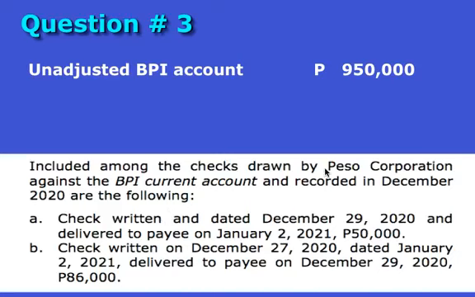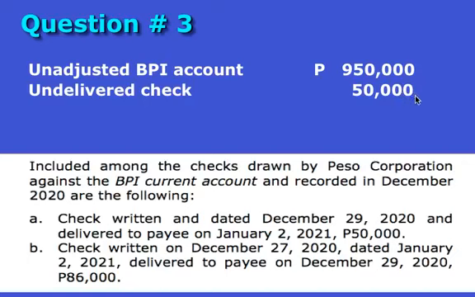A, check written and dated December 29, delivered to payee only on January 2. As of December 31, hindi pa na-release yung check. So, unreleased check, no payment yet. Still part of cash, so add 50,000.